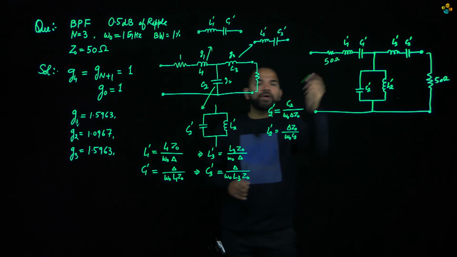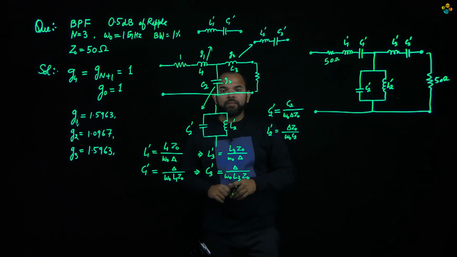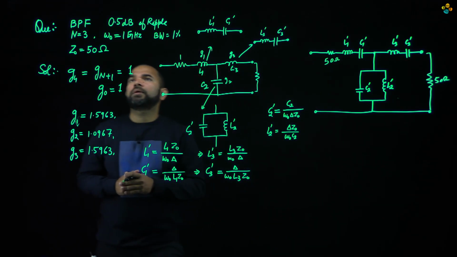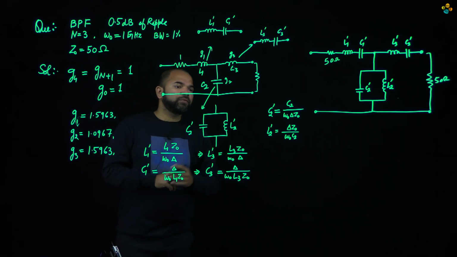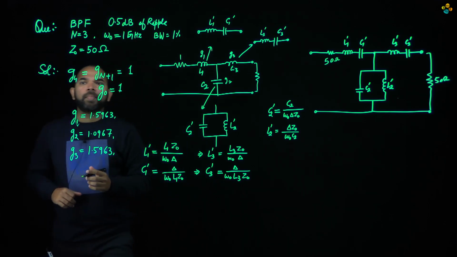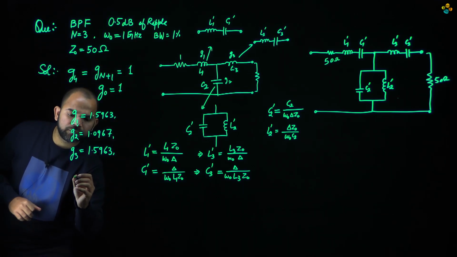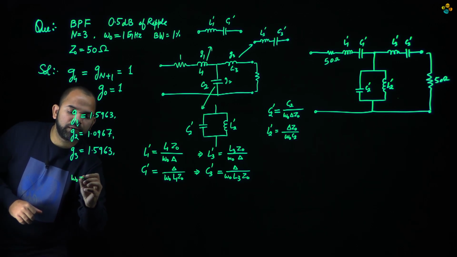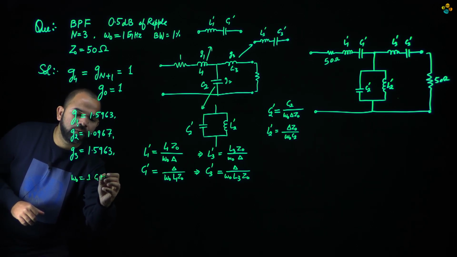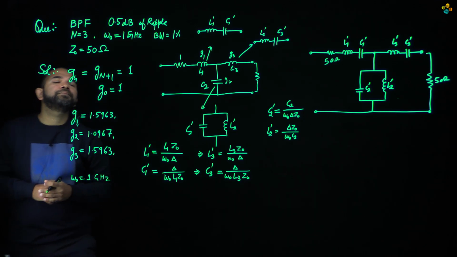So let's calculate these values based on the given parameters. There are a few things that are not defined here, so let's define those values. First, omega naught is given as 1 gigahertz.